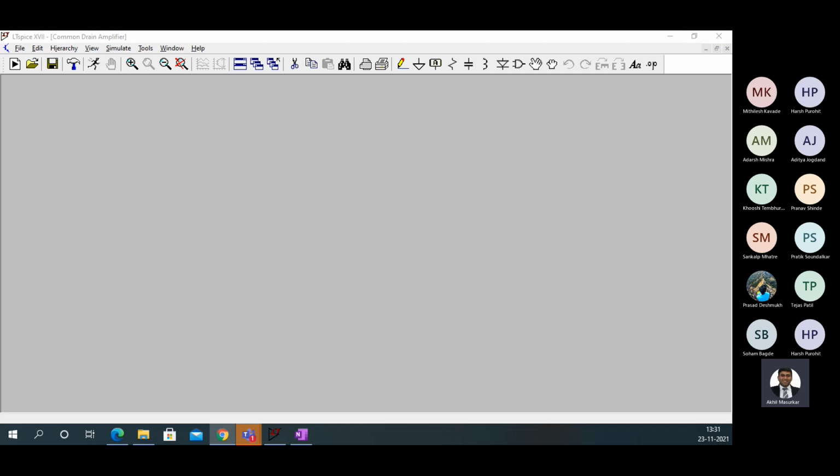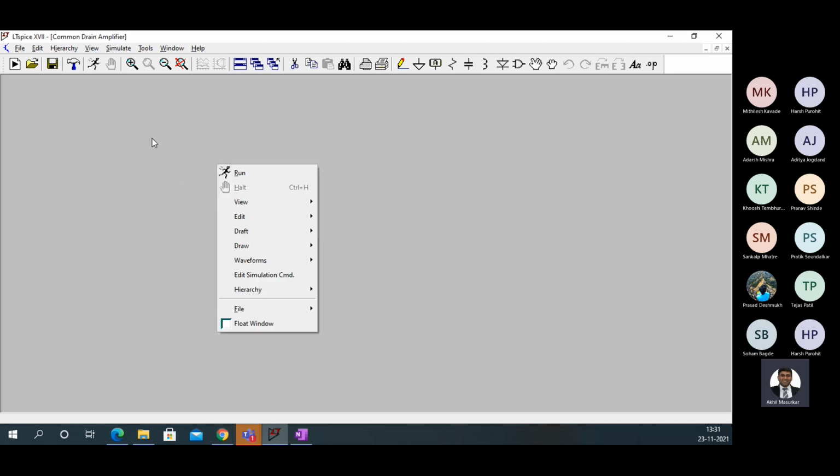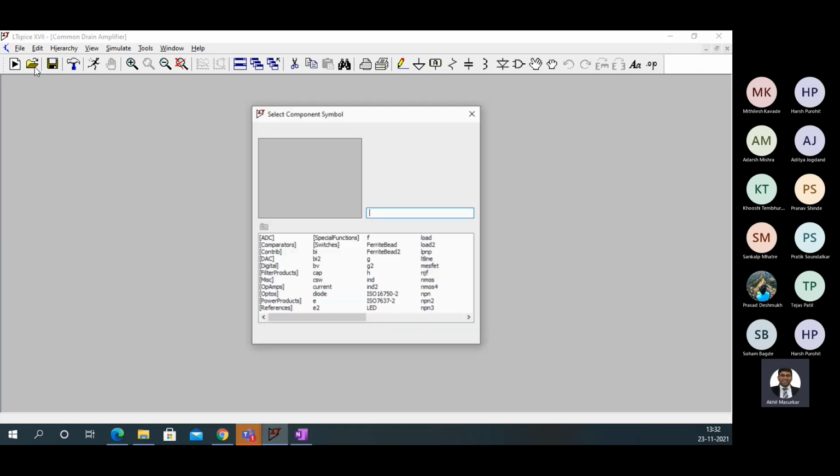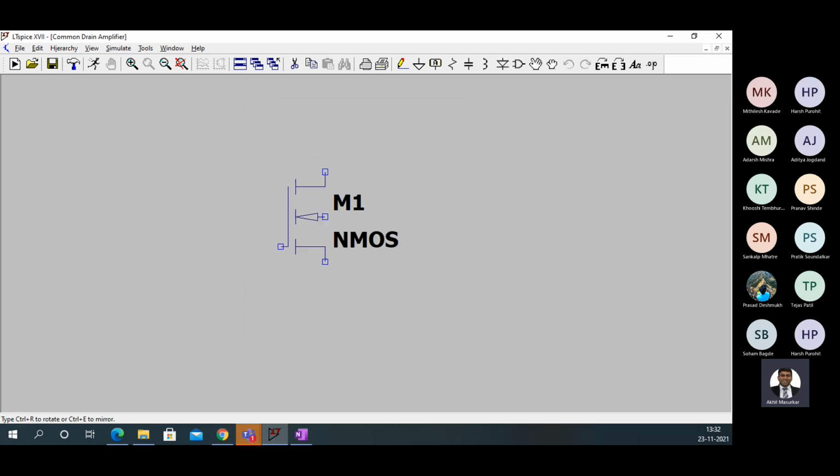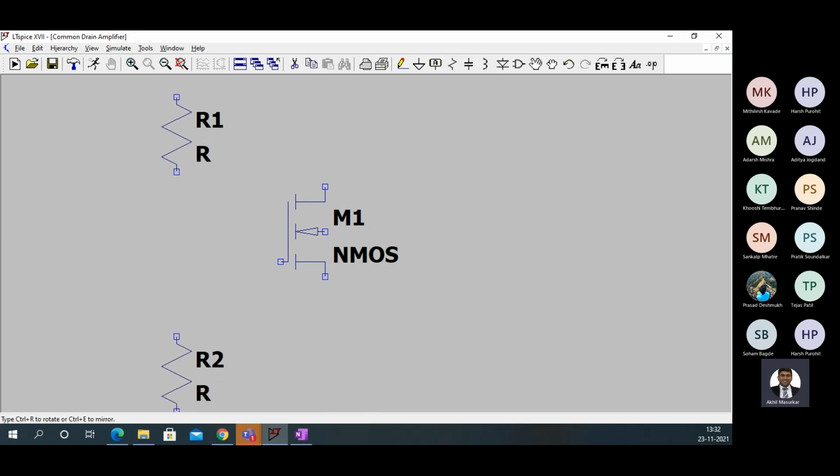So here we will build the circuit. You can take your NMOS. How many resistances do you want? 3. So you want R1, you want R2, and there is one resistance here.